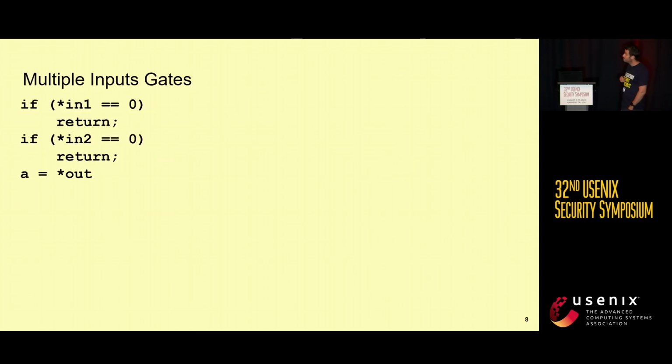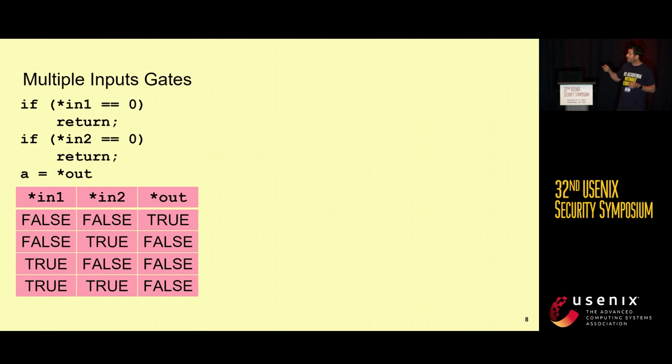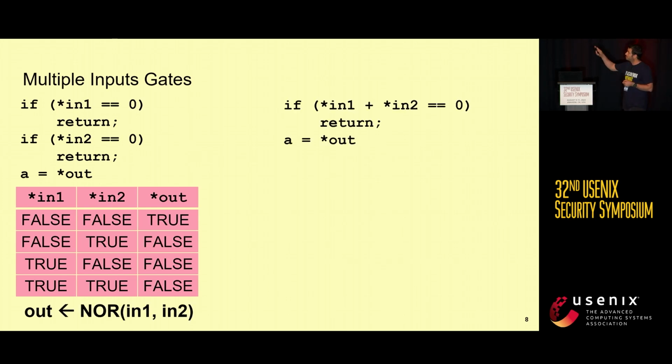Now we can try to look at other examples. For example, we can take multiple input values, and now we can again make the truth tables. And if you did your electrical engineering courses, you can see that this is a NOR gate. We can also try to look what happens if we sum those two addresses.